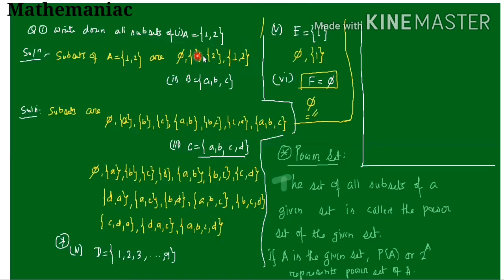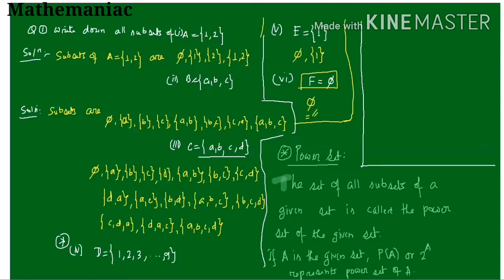Therefore, individually we have written. So now once I create one set by taking these four as elements, then that set will be the power set of this. So here, as already we have discussed the power set.